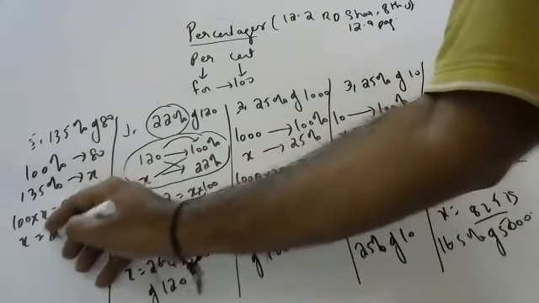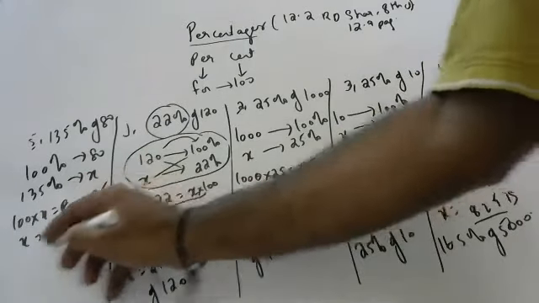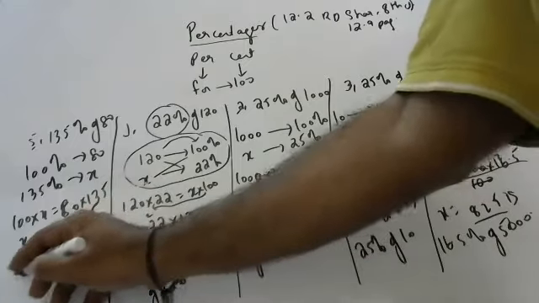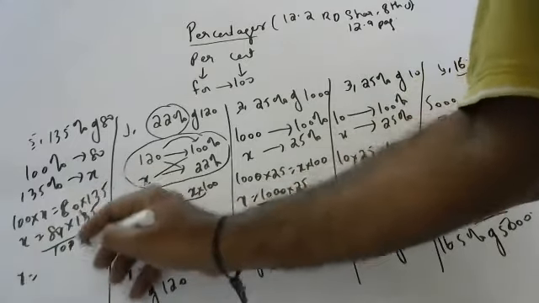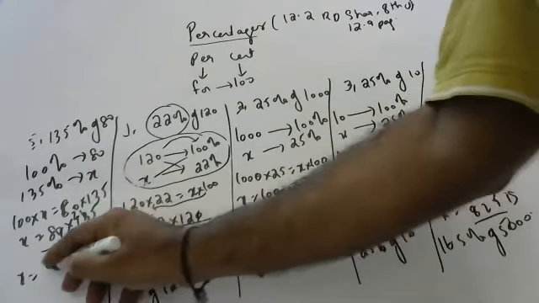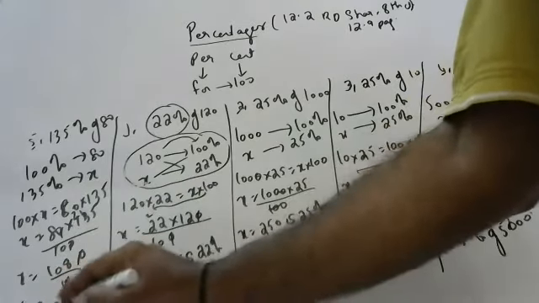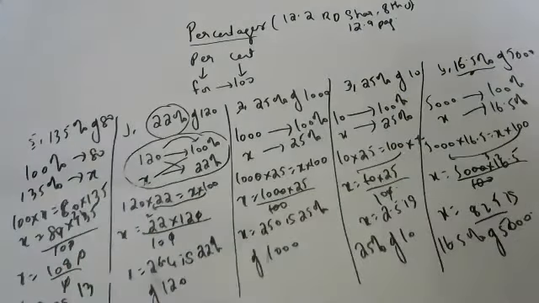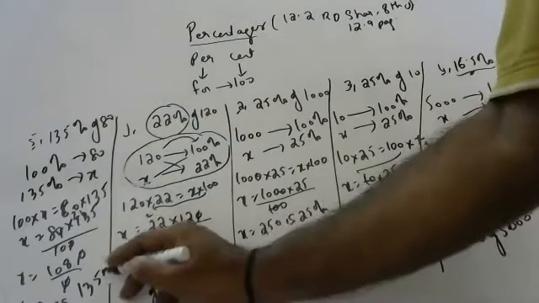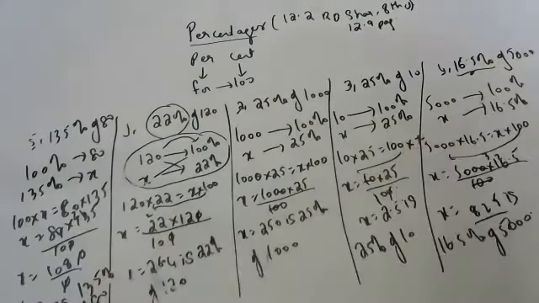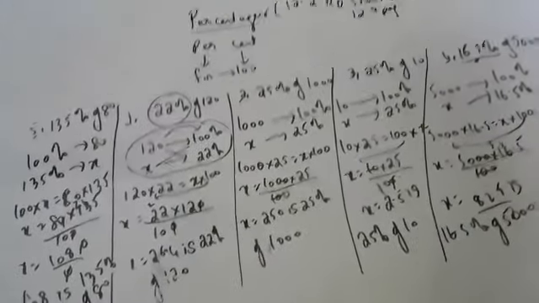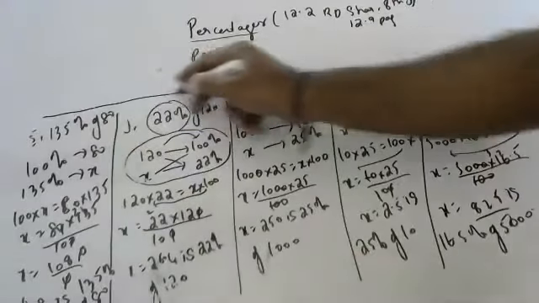X is equal to 80 into 135 by 100. X is equal to 108. 108 is 135% of 80. Okay.